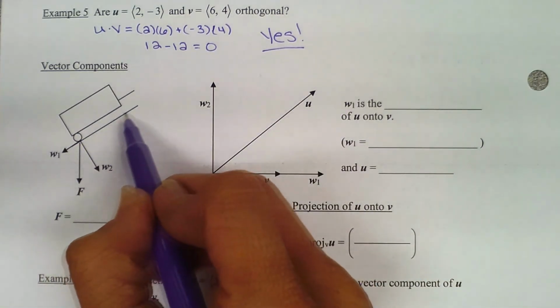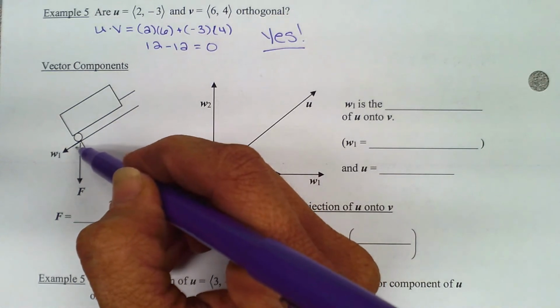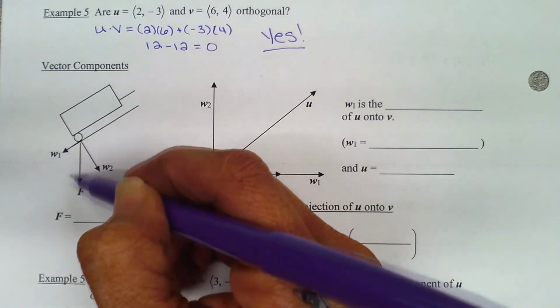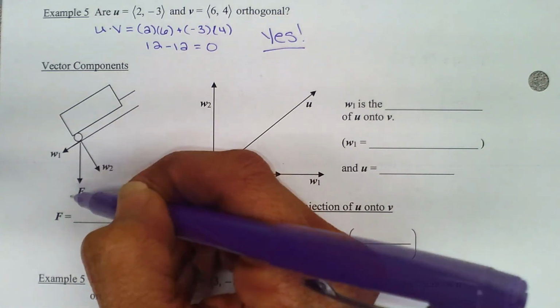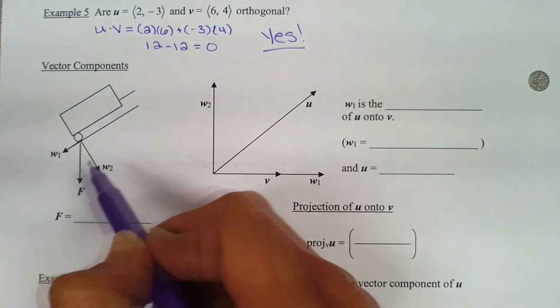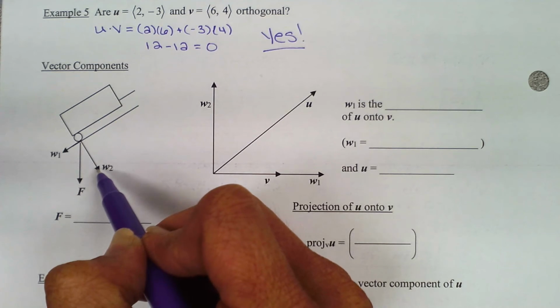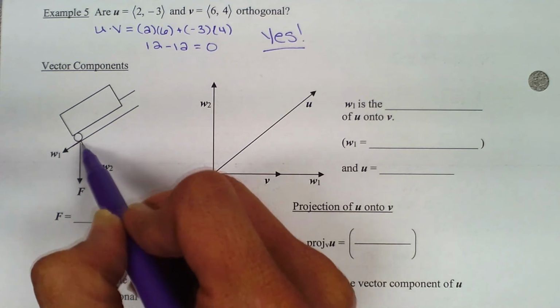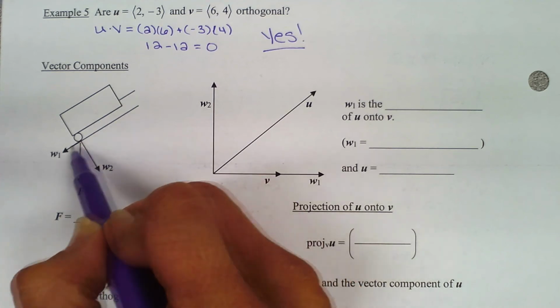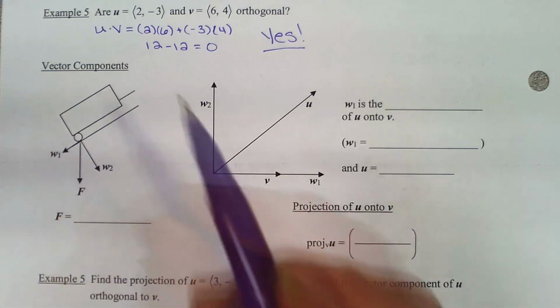So this is our ramp here, and what's happening is that we have this force here that's pulling the boat because of gravity, and this F force is made up of your W2, which represents the force that's going against the ramp, and this W1 is the force that is pulling the boat down the ramp.